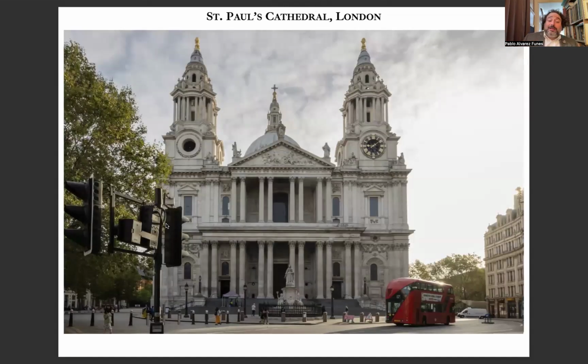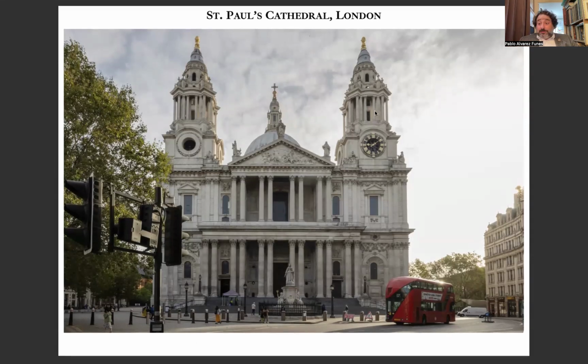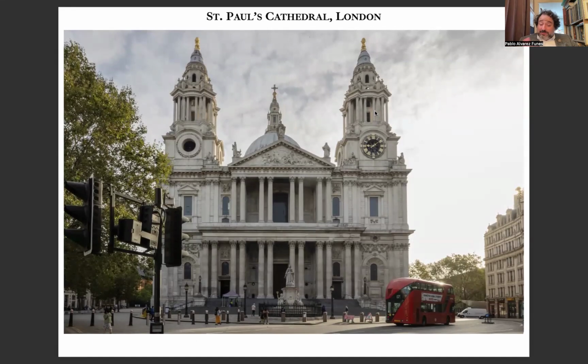As opposed to that, and also very inspired by the colonnade of the Louvre, we have St. Paul's Cathedral in London. As you know, London was destroyed in a fire in 1666, and the cathedral was so heavily damaged that it had to be demolished and then rebuilt.